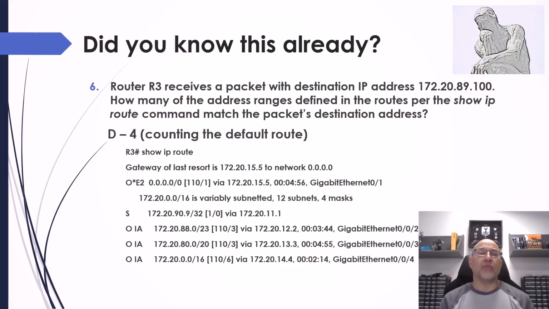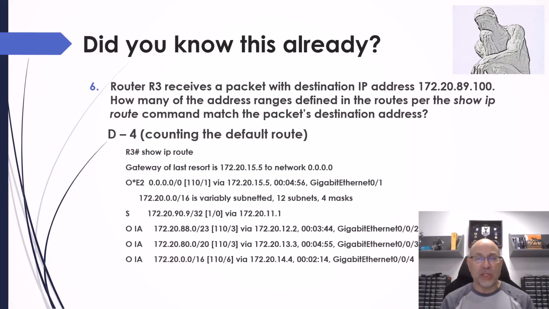Question number 6. Router R3 receives a packet with a destination IP address of 172.20.89.100. How many of the address ranges defined in the routes per the show ip route command match the packet's destination address? Well, we know right away that the default route is going to match, so that's 1.